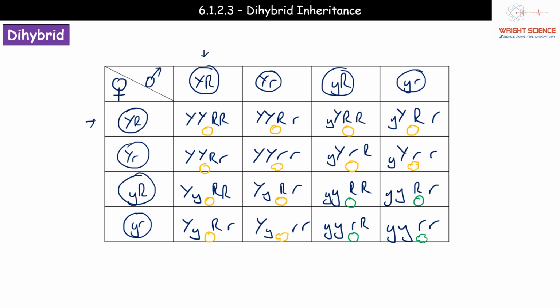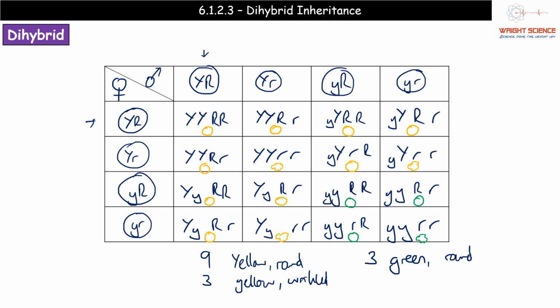Now, if we do a simple little counting up, then what we can see is that we've actually got 9 of these are going to be yellow and round. We then have 3 of them which are going to be yellow and wrinkled. We've got 3 that are going to be green and round, and 1 that is green and wrinkled.